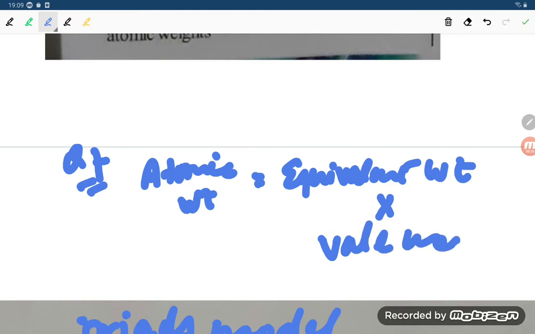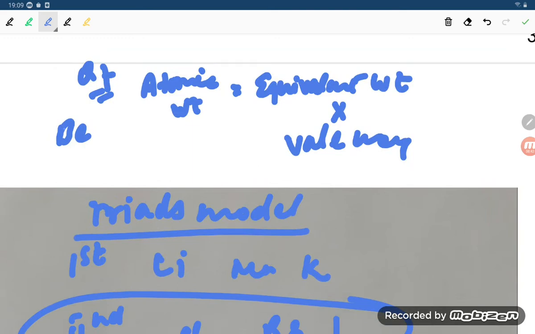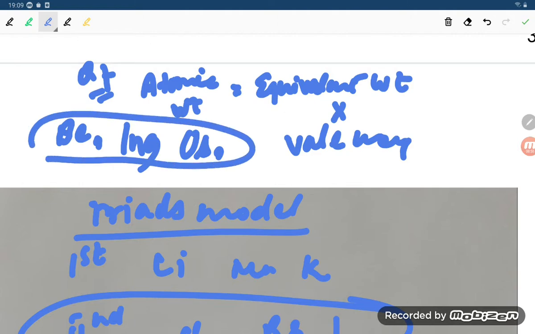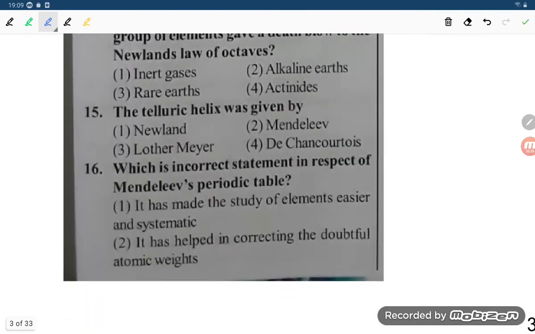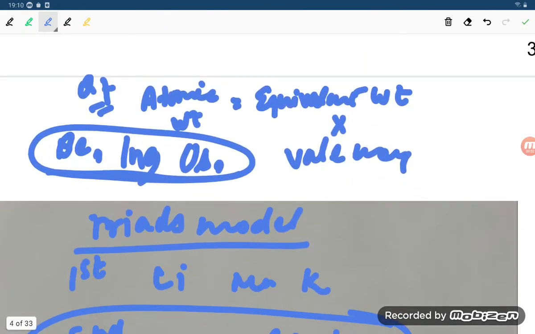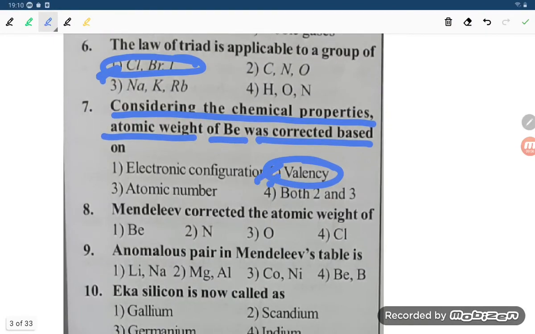For some elements he corrected the atomic weight. For which elements? First one was beryllium. Second was indium. Osmium was also there, whose atomic weight was also corrected. So 3 elements had their atomic weights corrected by Mendeleev using the formula atomic weight equal to equivalent weight into valency. So which could be the correct answer? Valency will be the correct answer.